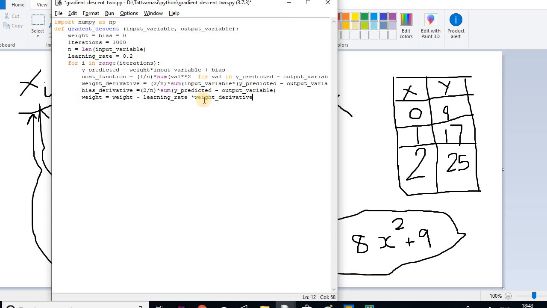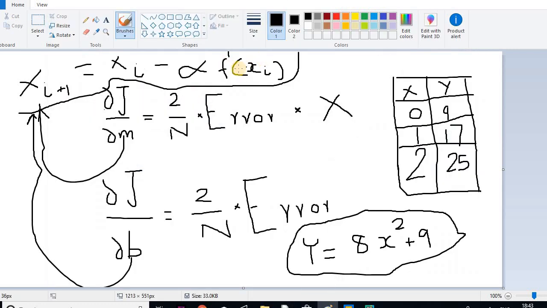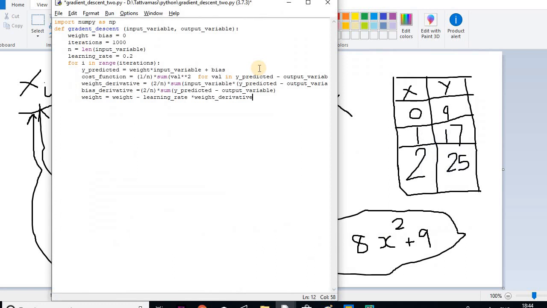This is alpha into f dash. The derivative, dou j by dou m, and dy by dx and f dash x both denote the same thing. This dash signifies first derivative; a double dash means second derivative. So dou j by dou m is f dash x i only, the derivative. That's why we put weight underscore derivative.